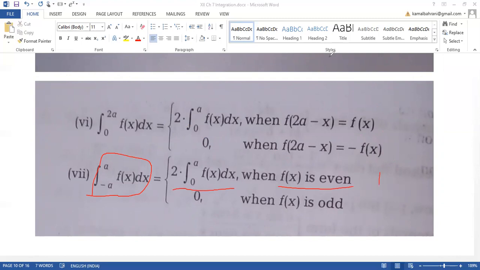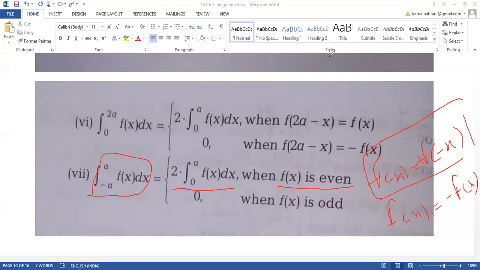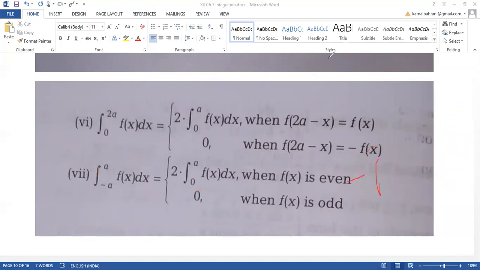Even function means f(x) is equal to f(-x). And odd function means f(x) is equal to minus f(-x).